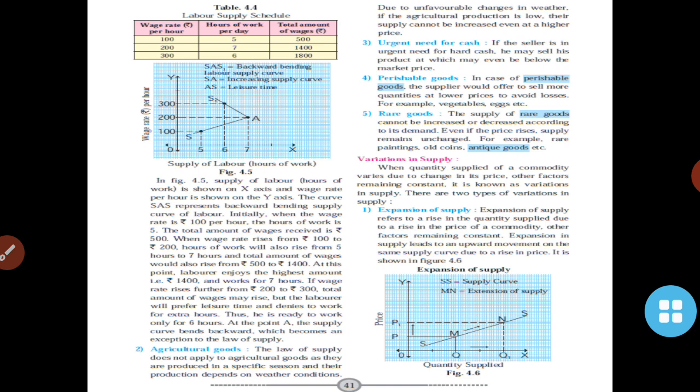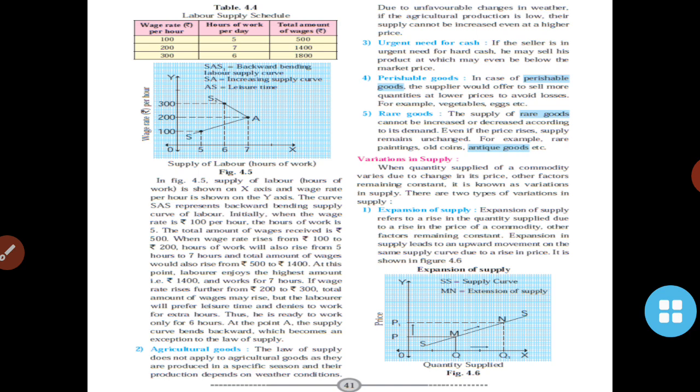The first is the expansion of supply. What is expansion of supply? Expansion of supply refers to a rise in the quantity supplied due to a rise in the price of the commodity.